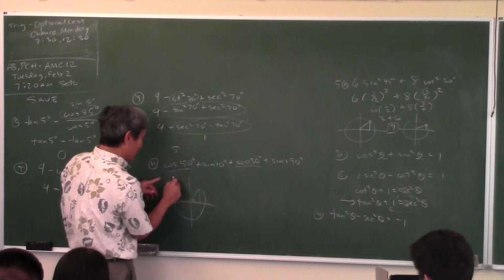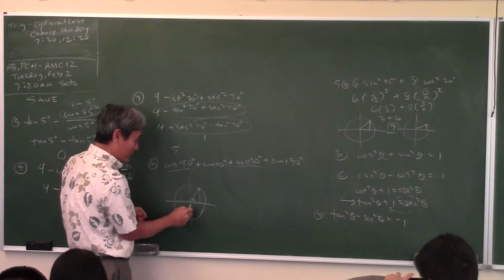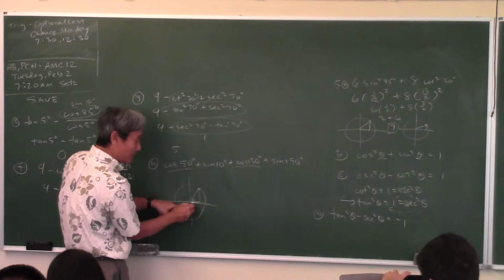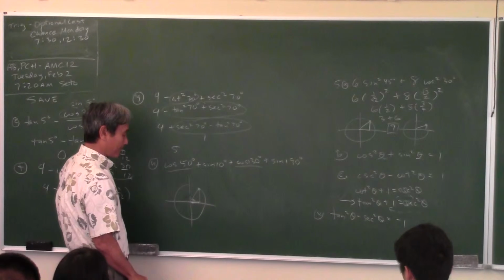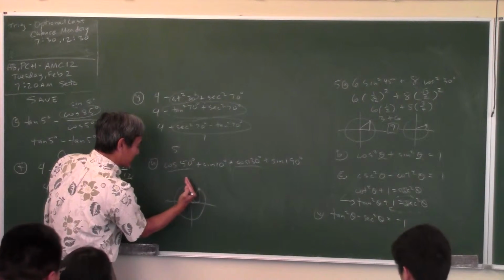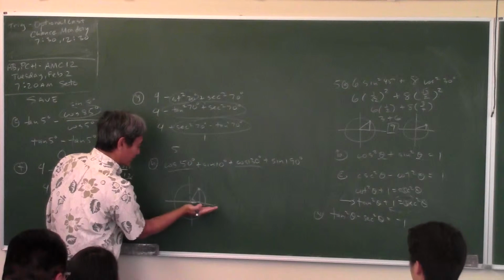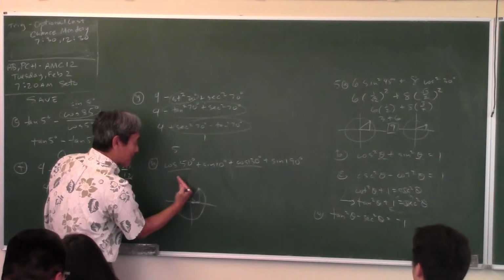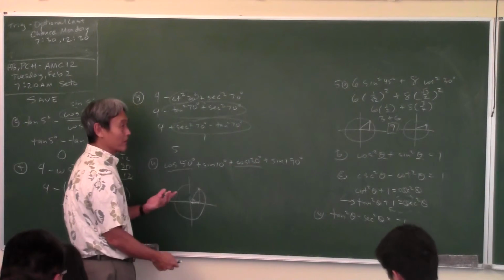So cosine would be the x-coordinate. Whatever, I don't know what it is, but it's the x-coordinate of that point. It's this distance right here. Okay, now where's 130 degrees? If you measure off 130 degrees, it's going to be like what? 90 plus what equals 130?